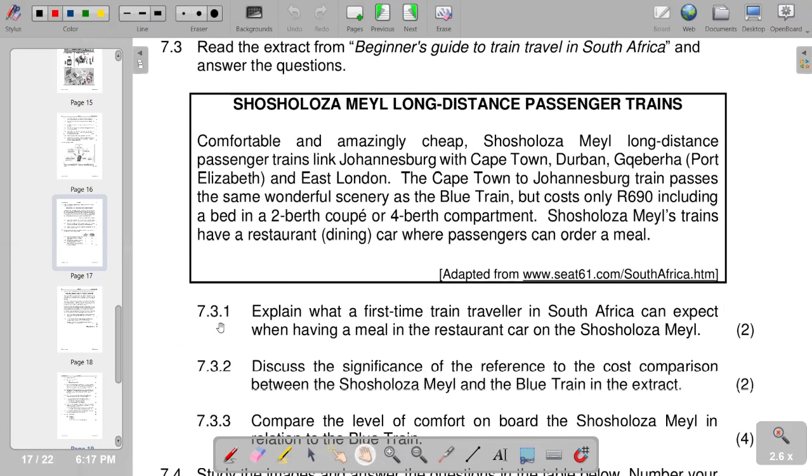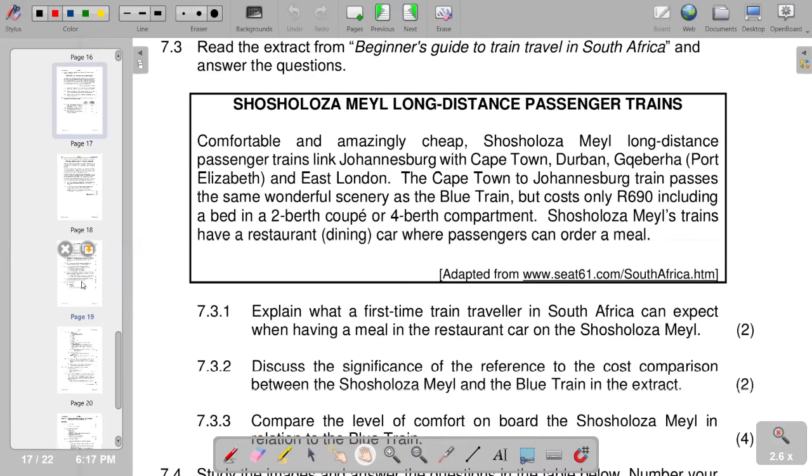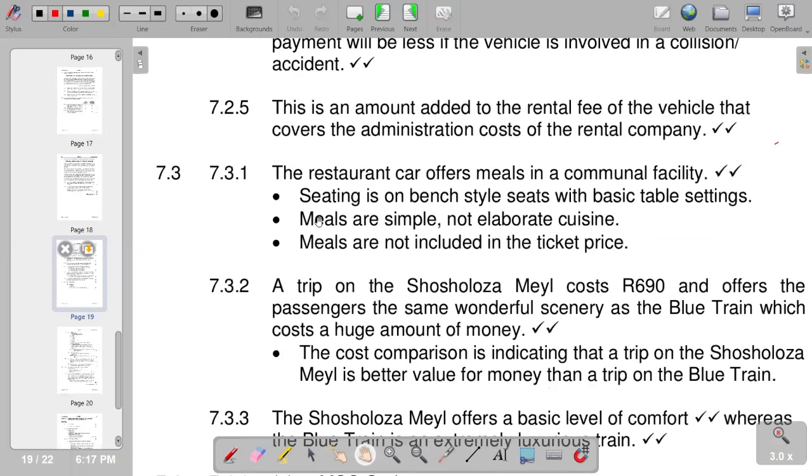So in terms of 7.3.1, explain what a first-time train traveler in South Africa can expect when having a meal in the restaurant car of the Shosholoza Meyl. In response to that, we should expect that the restaurant car offers meals in a communal facility.